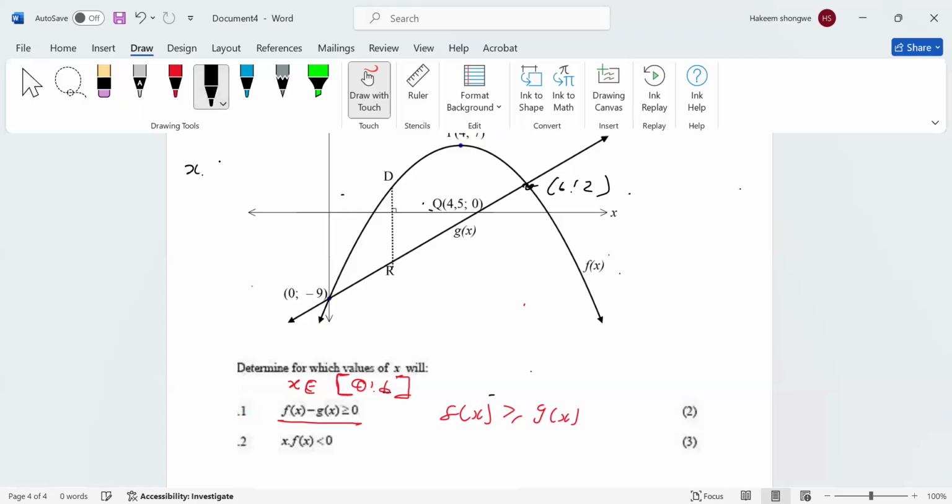So we have x multiplied by f of x is less than 0. What is this? This is the x-axis. And then this one is the graph of f of x. So we said maybe we can use different colors.